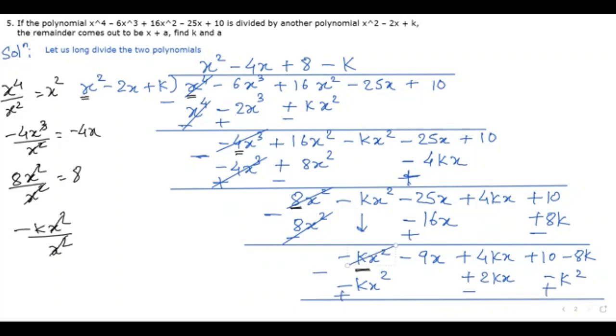Minus x square and plus x square got cancelled. Minus 9x plus 2kx plus, I'm going to write all this in a quadratic form. k square minus 8k plus 10.